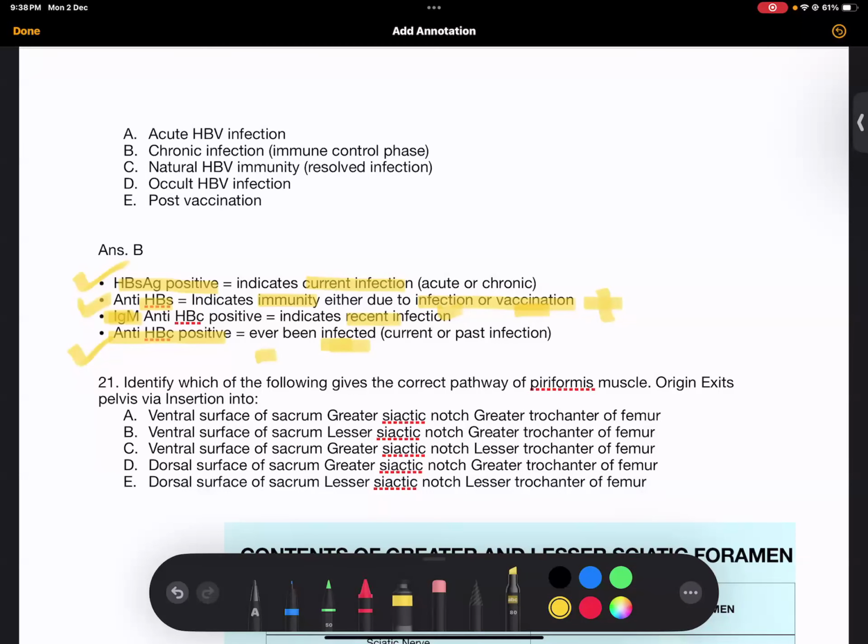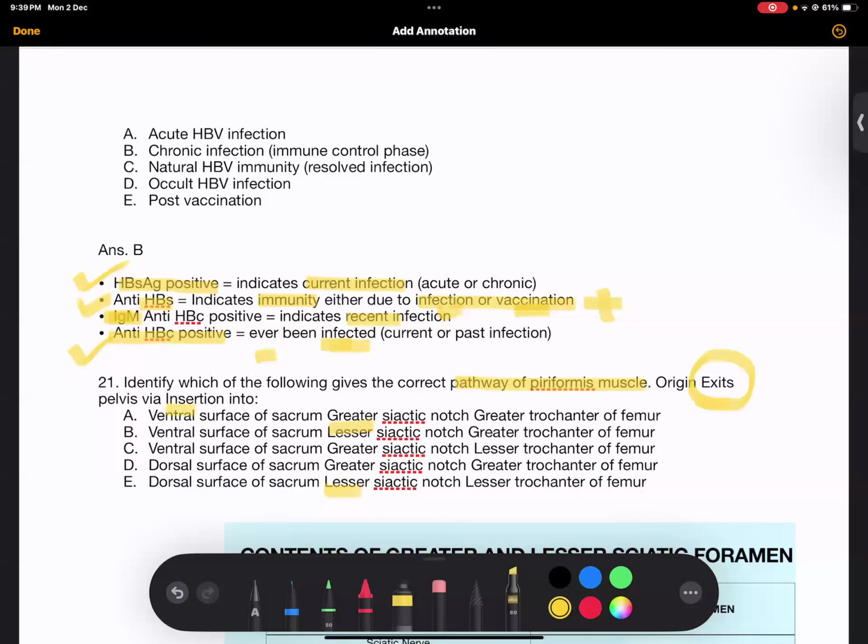Okay, so now the next is the pathway of piriformis. You have to select how the piriformis muscle originates, exits, and how it is inserted. These 3 points would be there. So the options are, first, arising from the ventral surface of the sacrum or the dorsal surface of the sacrum. Then the exit pathway, how it exits, from where, either from the greater sciatic foramen or from the lesser sciatic foramen.